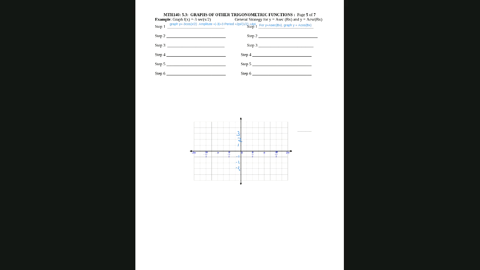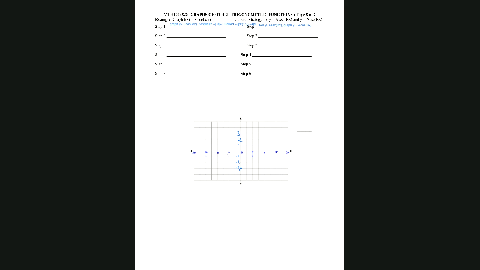Okay, I know that a cosine graph in general will have a point at x equals 0 and y equals 1. However, we've changed the amplitude and we flipped the graph. So when x is equal to 0, we're going to get y equals -3.